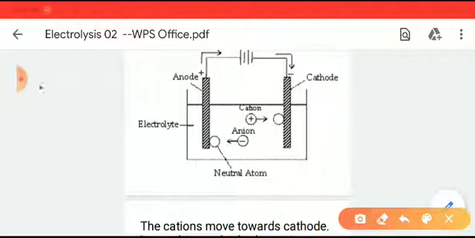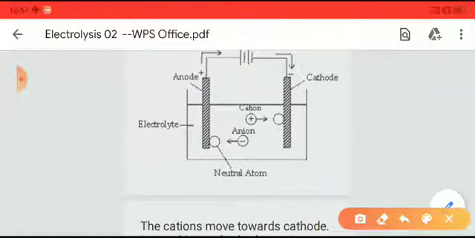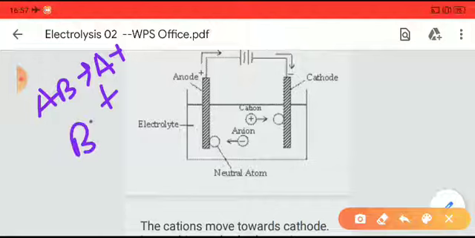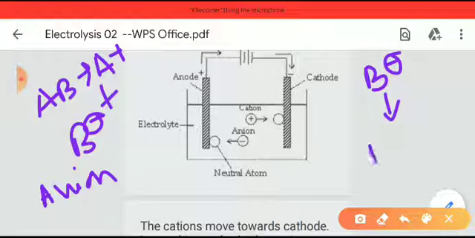Whereas, after ionization of AB, we get A plus and B minus. This B minus is the anion. The anion will try to get neutralized by losing an electron, because the anion has extra electrons.